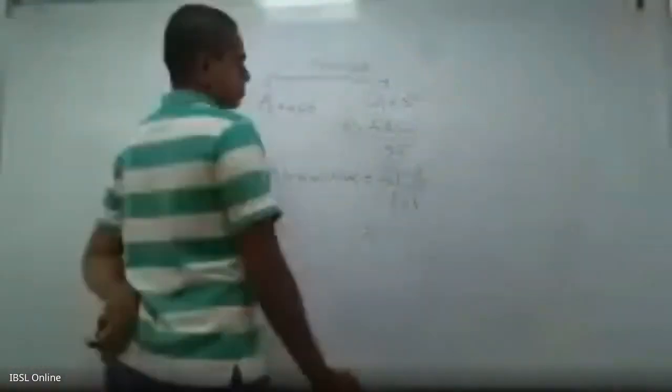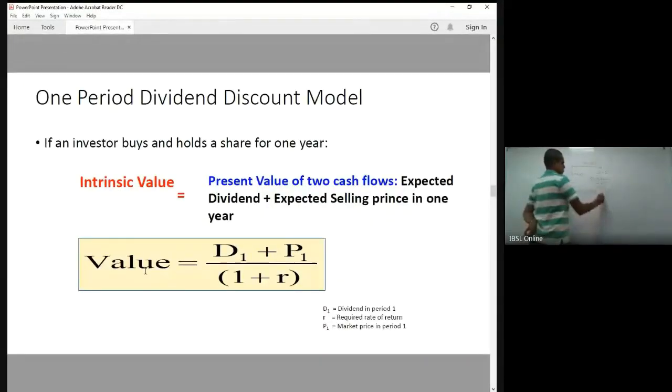Five plus 450 divided by 1 plus 10% gives $413.64. So the intrinsic value is $413.64.